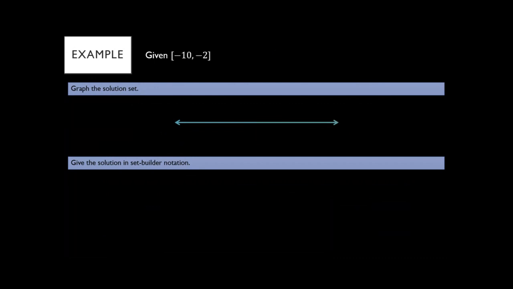Okay, so here's another one. We've got interval notation again, and I can tell because I've got these brackets. And so this is basically telling us we're between -10 and -2. So when I'm graphing, I'm going to put in my negative infinity, positive infinity in my number line, and then I just need to put in my numbers. -10, -2.